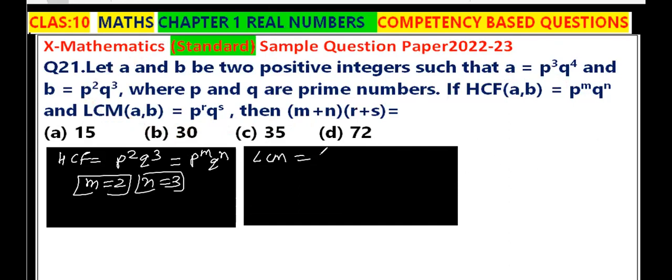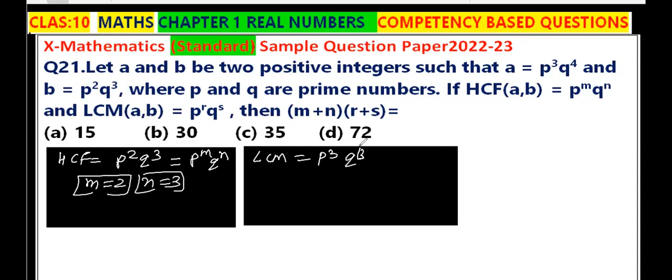Highest power is P power 3. And for Q power 4 and Q power 3, the highest power is Q power 4.